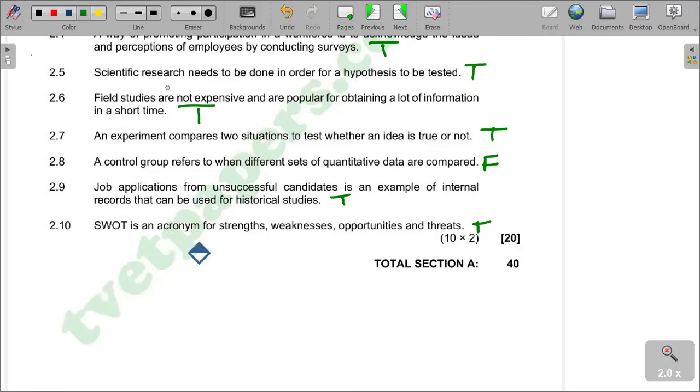The statement is true. S is for strength, W for weaknesses, O for opportunities, and T for threats.